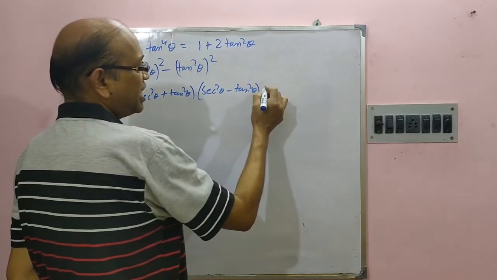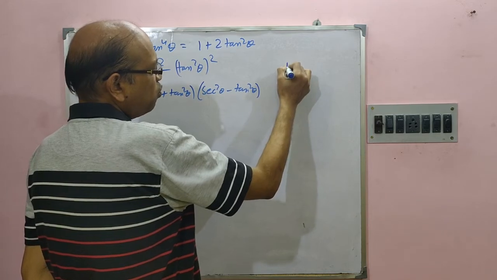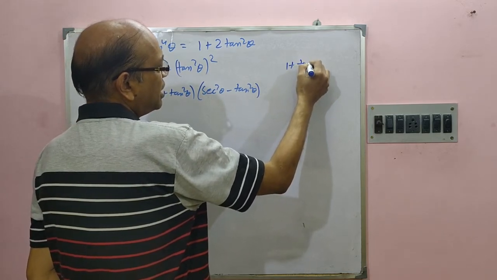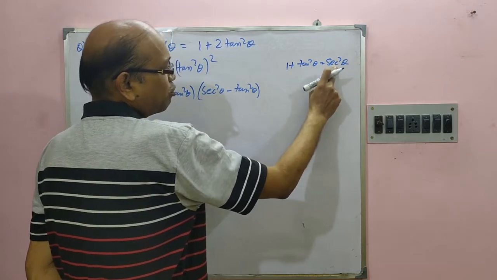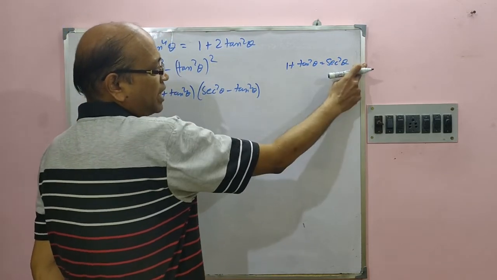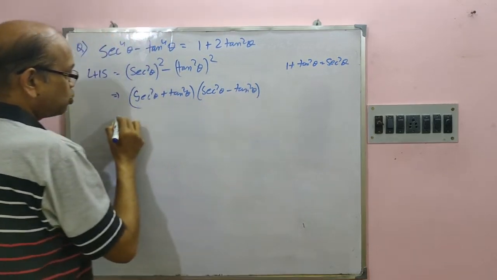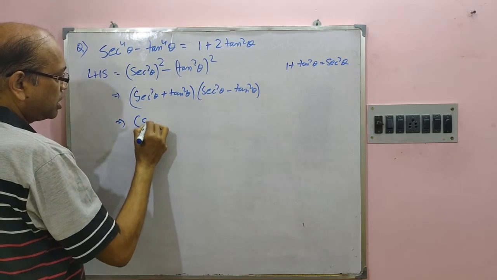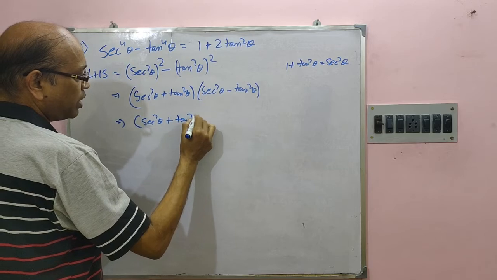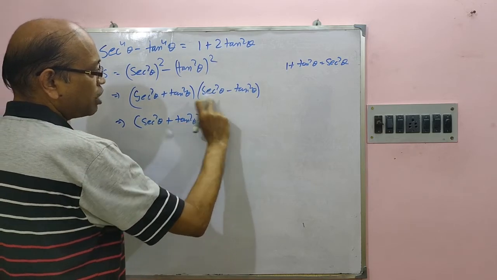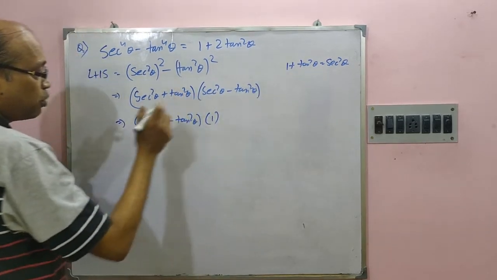Is it clear? Now, we know 1 plus tan square theta is secant square theta. Therefore, secant square theta minus tan square theta is 1. So this becomes secant square theta plus tan square theta, times 1.